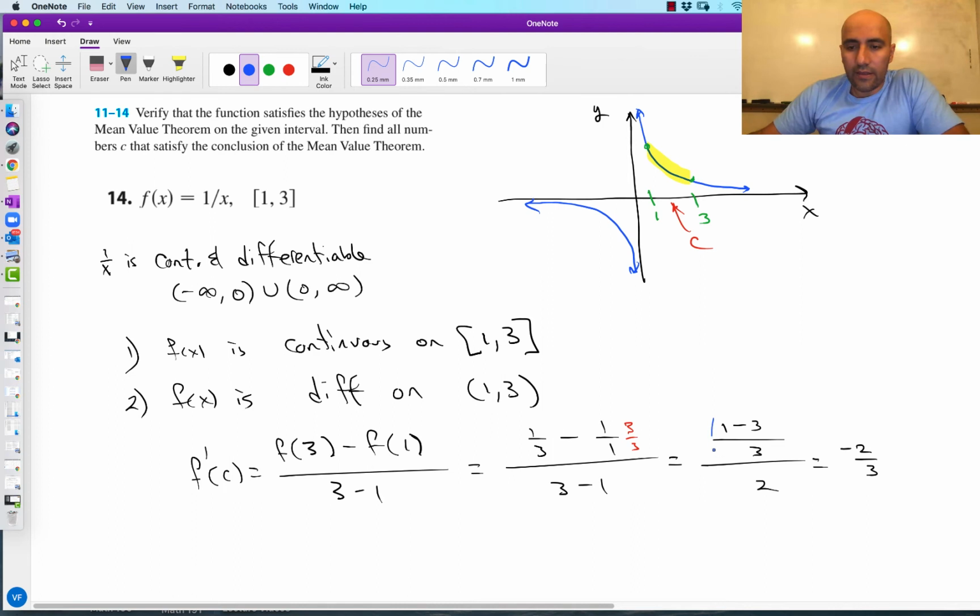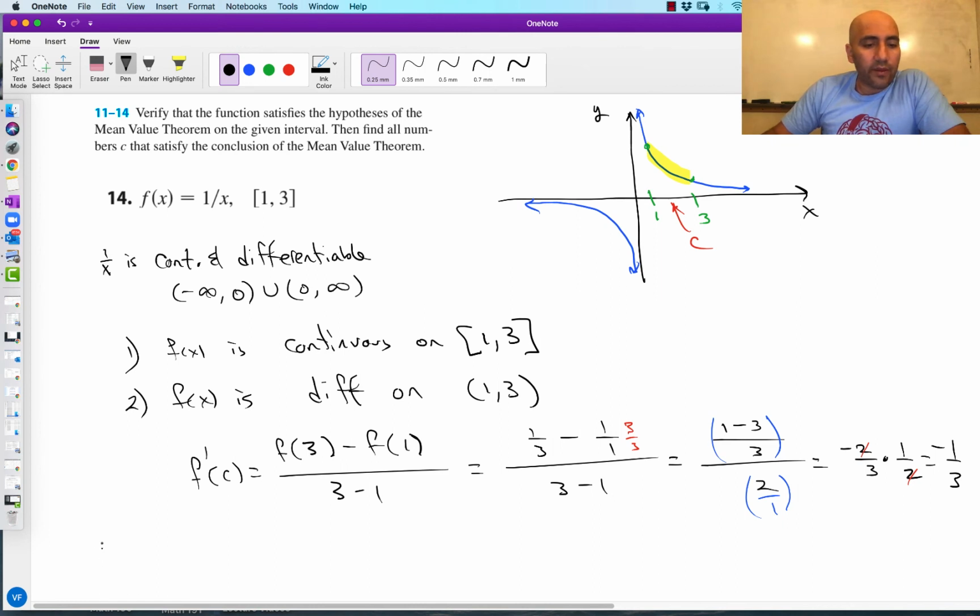So let's think about this as one fraction there, another little fraction here: multiply the numerator, which is negative 2 over 3, times the reciprocal of the denominator, which is going to be 1/2. The 2's cancel, and so I'm just left with negative 1/3. Okay, so according to the mean value theorem, there must be at least one value c such that f prime of c equals negative 1/3.